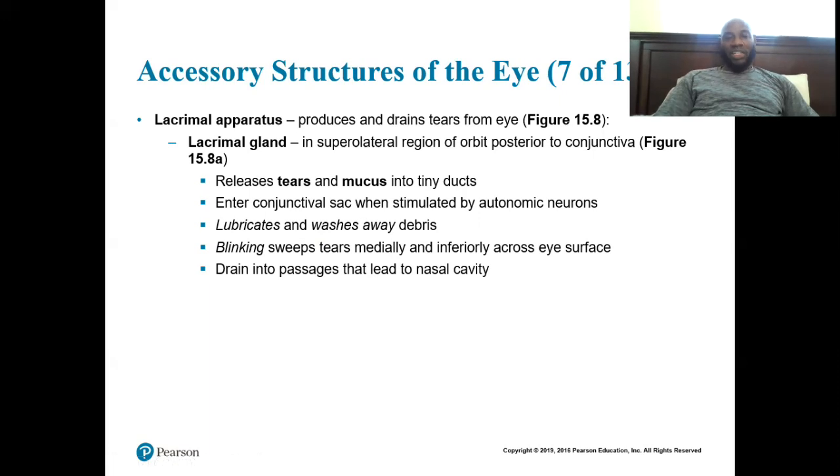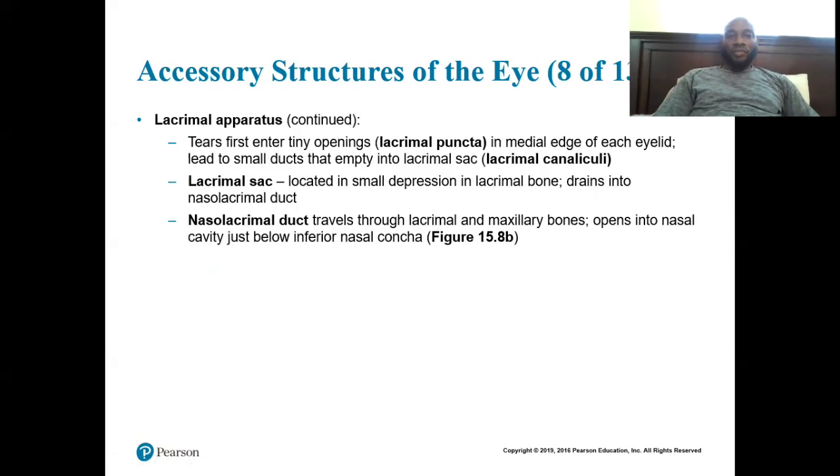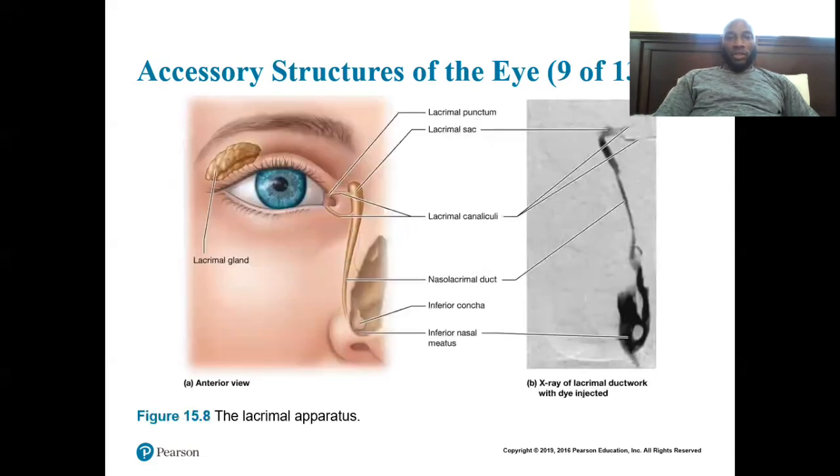So we clean out our eyes. And this is just telling you the process of that. Okay, lacrimal gland there. Showing you how it drains into the nose, to your nasal cavity. It cleans out your eye.